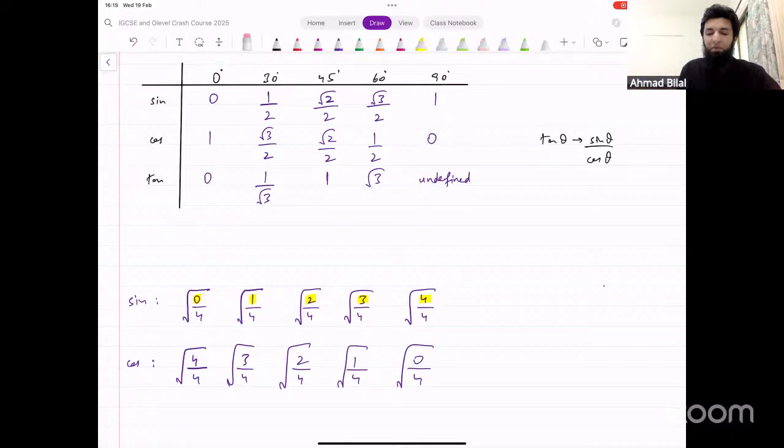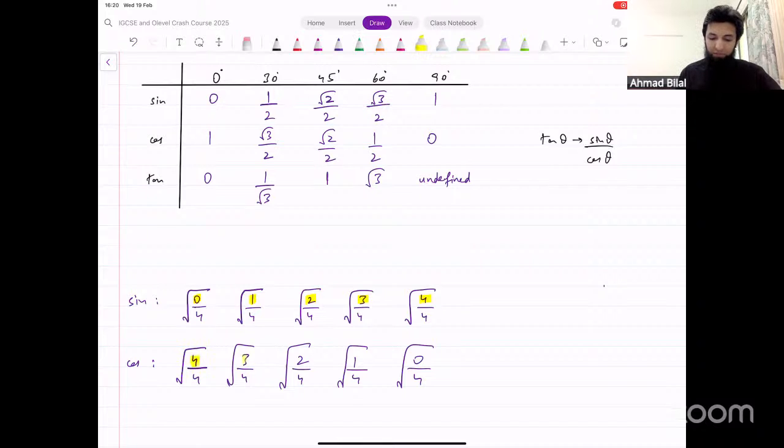You need to remember the angles we're talking about. To find the sine of these angles, you divide each of the numbers 0, 1, 2, 3, 4 by 4 and take the square root, and that will give you the sine values. For cos, you just do the opposite.